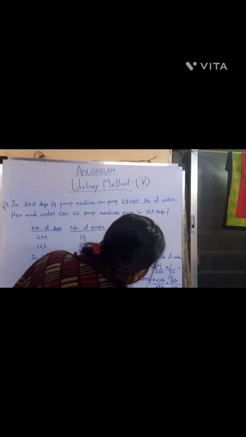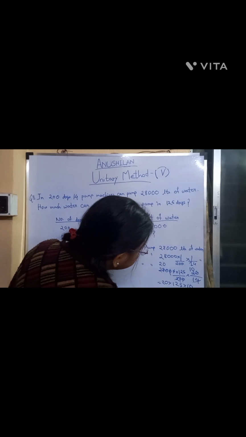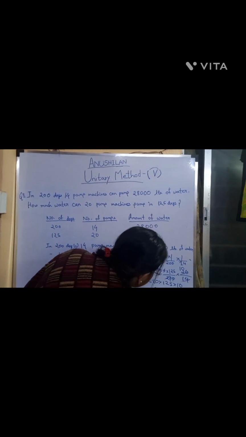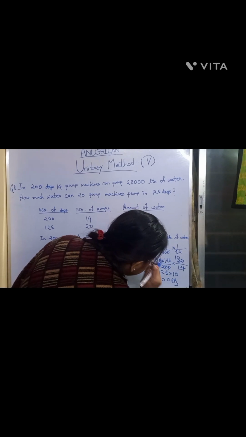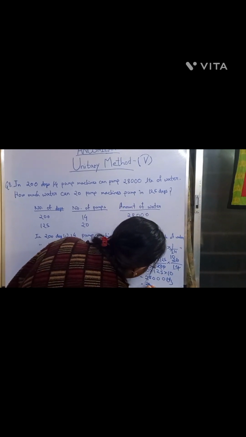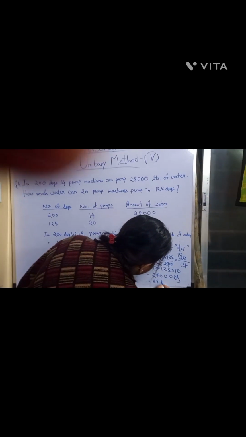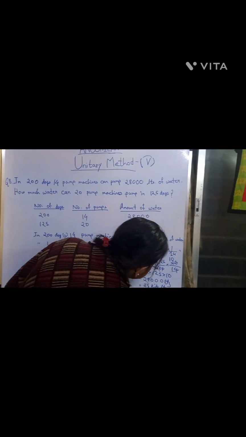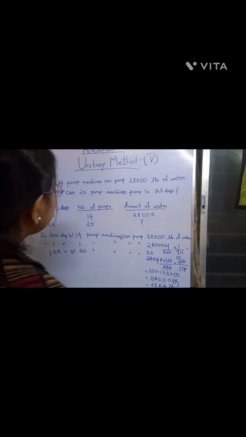Hectoliters. So hectoliters means you can write kiloliters. 25 kiloliters.